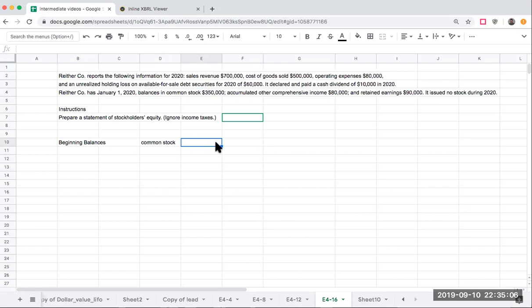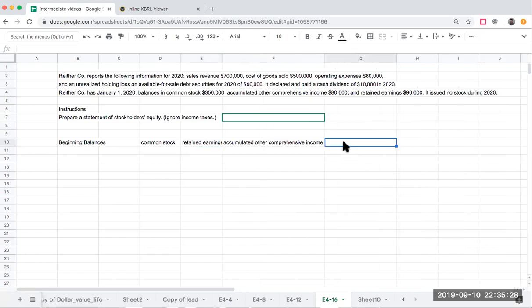You're also going to have retained earnings, and then accumulated other comprehensive income. And then we're going to do a total column.